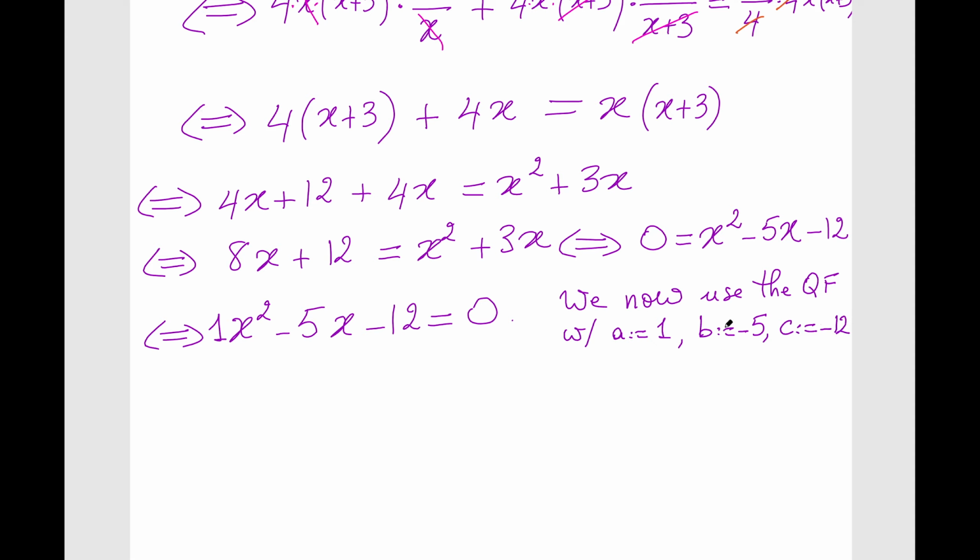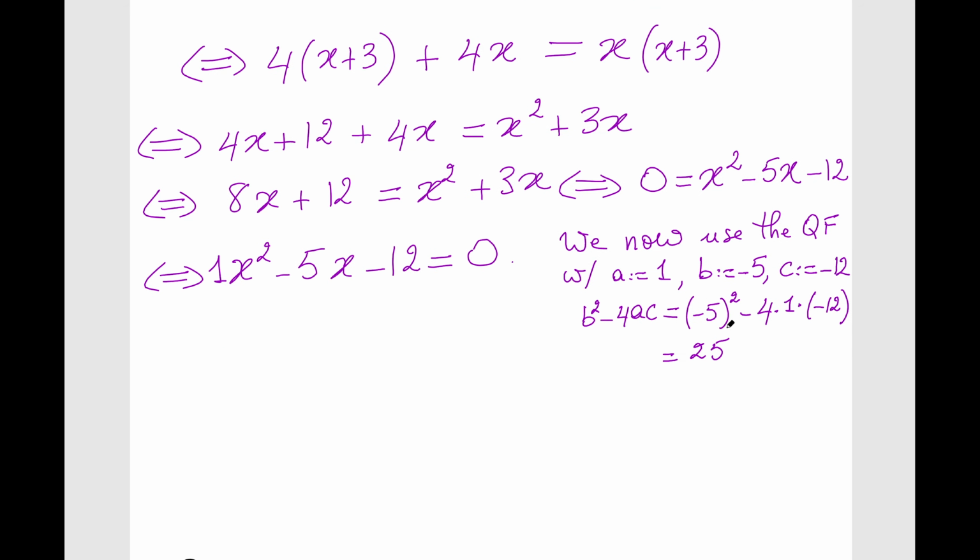So I'm using the quadratic formula to factor out the left-hand side. What's b squared minus 4ac, the discriminant of the polynomial? b squared is -5 squared, minus 4 times a, and what's a? 1, times c, which is -12 in our context. Yes? All right, so -5 squared is 25.